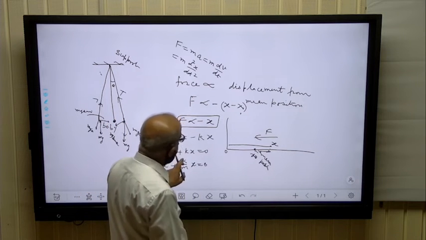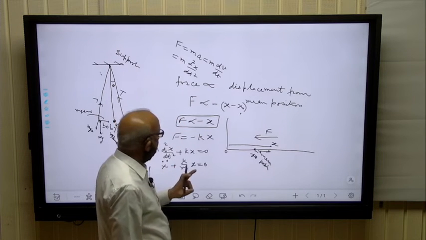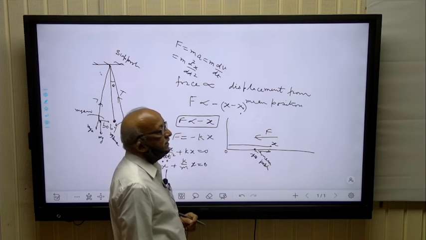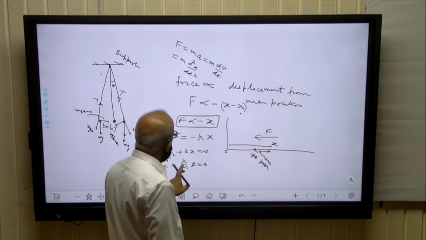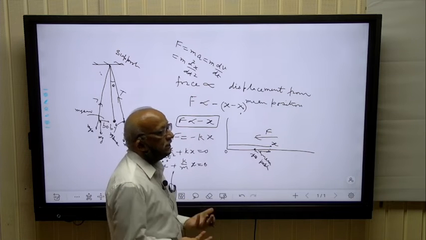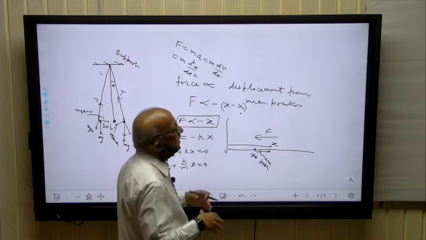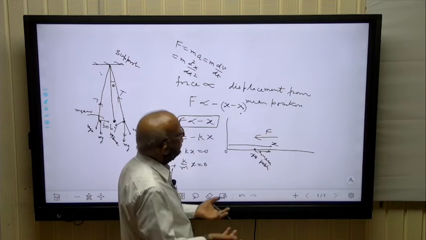Now, k is constant, m is constant. You should be very careful. K is the property of the force and m is the property of the particle, but both are constant. Therefore, k by m will also be a constant.